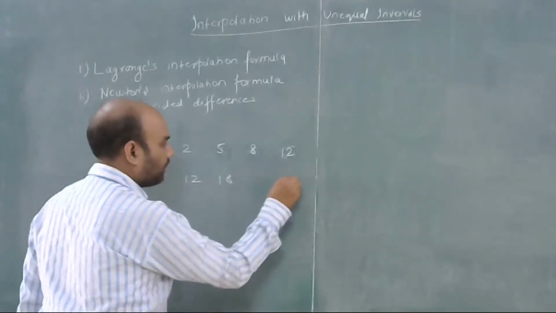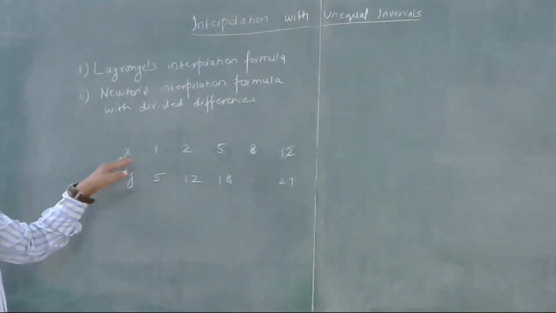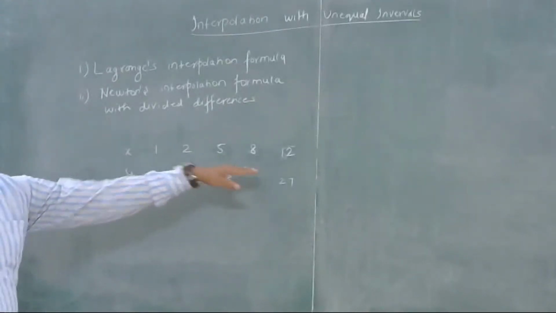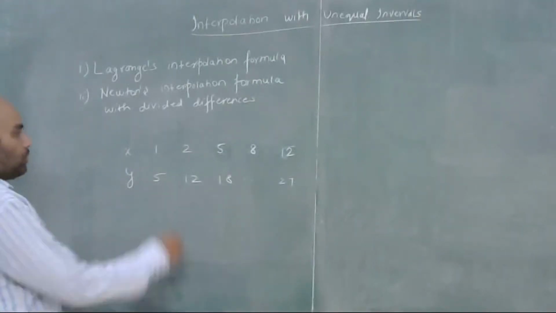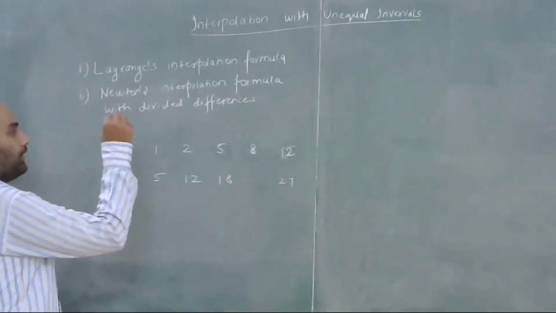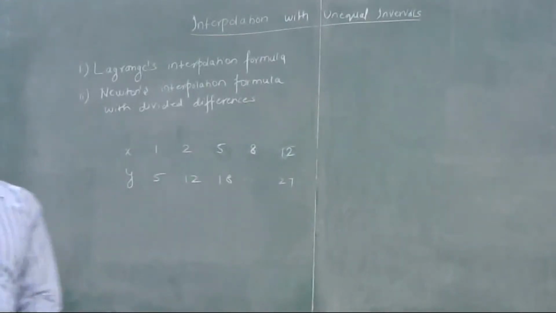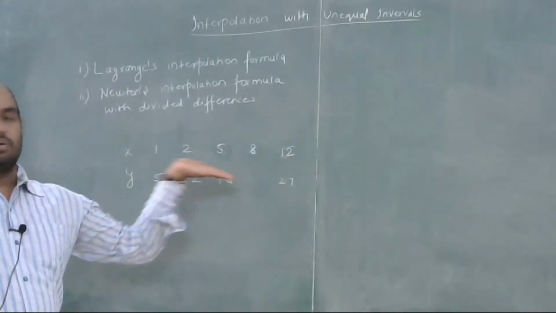The main idea is that the values of x are at unequal intervals. For interpolation, we can't use the forward difference method, because it is only applicable where the values of x are evenly spaced.